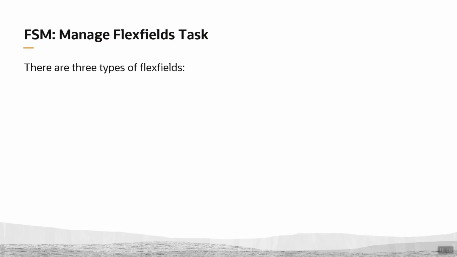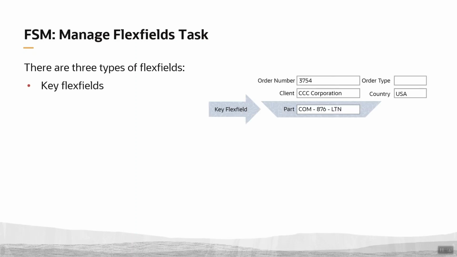There are three types, and please note not all three types of flex fields are used in every product. Key flex fields consist of one or more segments where each segment can have a meaning. You can use key flex fields to enter multi-part values such as a part number, a job code, or an account code. Users see the flex fields as fields or attributes on the UI pages.